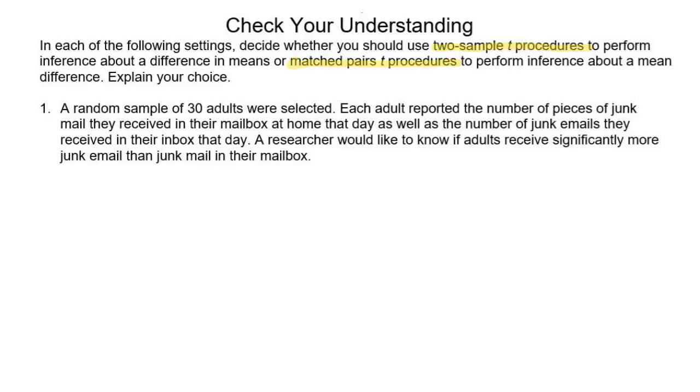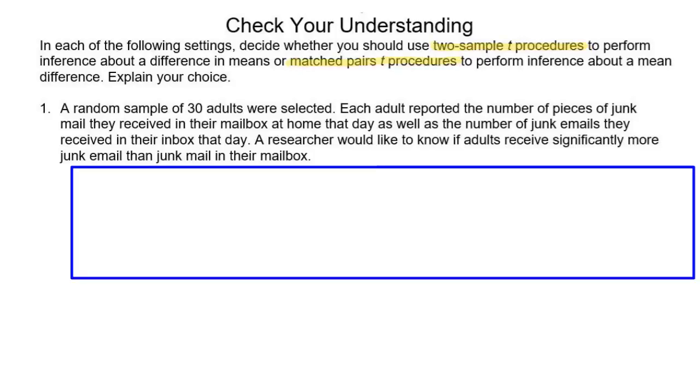You don't have to quote the text, but you should be able to point to something in the text that you're like, I know this is only 1 sample, or I know this is 2 separate samples, here's what they are. Since there's 3, I'm going to give you guys 6 minutes. If we are all finished in less than 6 minutes, then we'll go over it sooner, but otherwise you guys have until 1:20 to do the check your understanding.